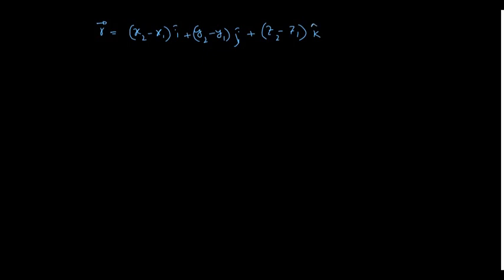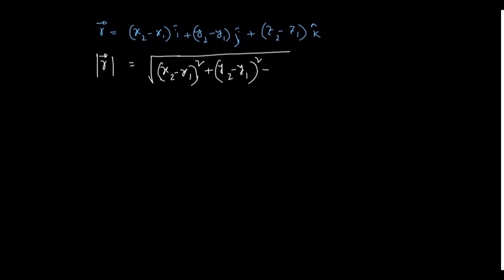So mod of r vector will be root under of x2 minus x1 whole square plus y2 minus y1 whole square plus z2 minus z1 whole square.